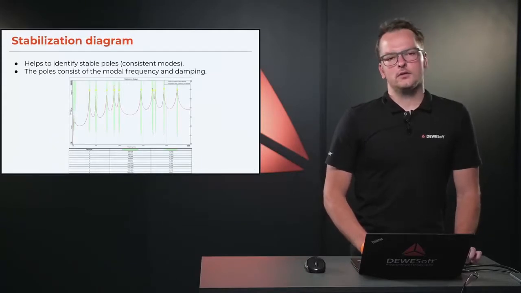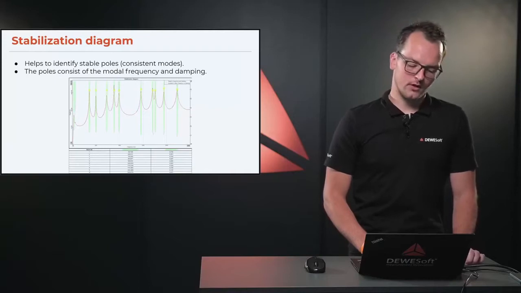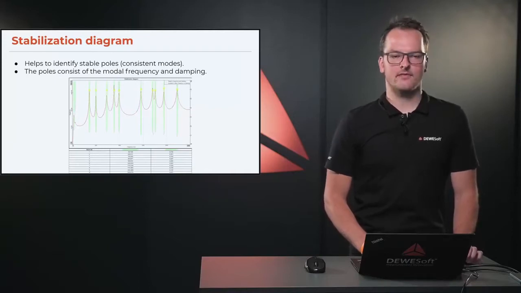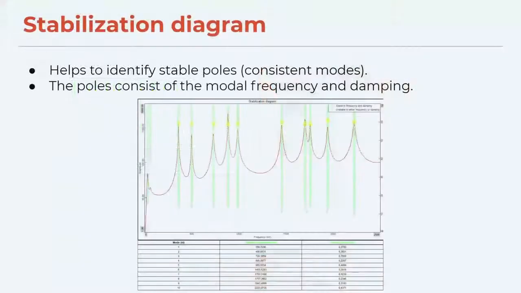Then the complex mode indicator function, together with the results of the LSCF algorithm, are shown on the stabilization diagram that helps us to identify stable poles. And these poles consist of modal frequency and damping.